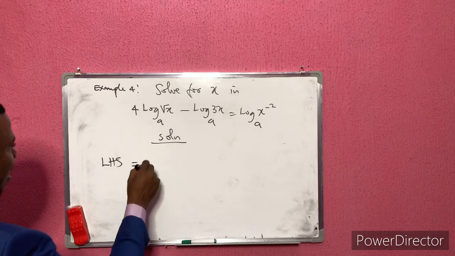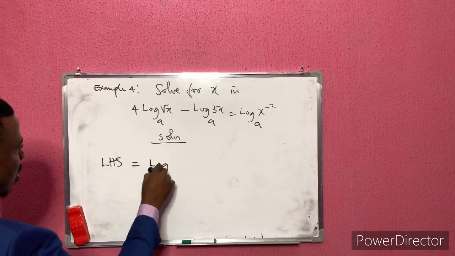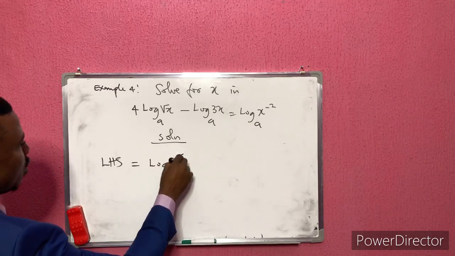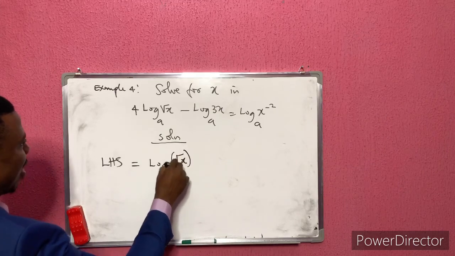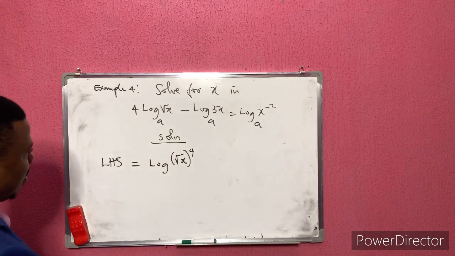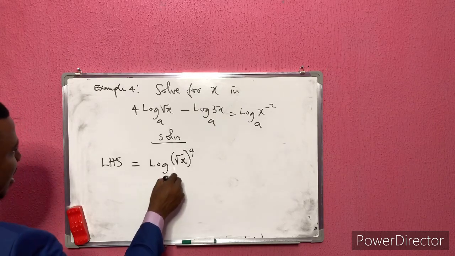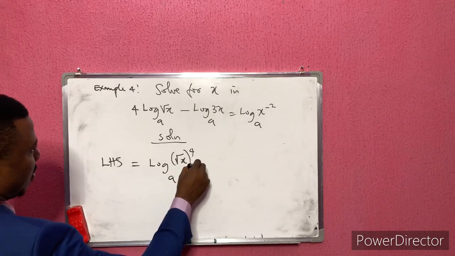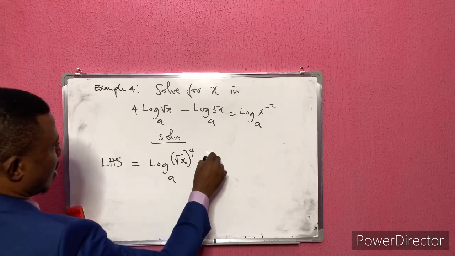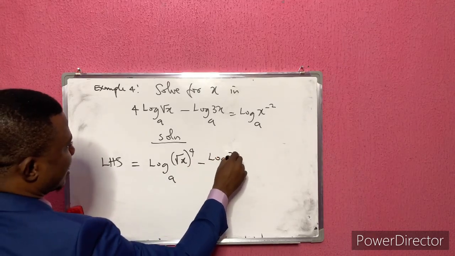We have log root x raised to power 4 base a minus log 3x base a.